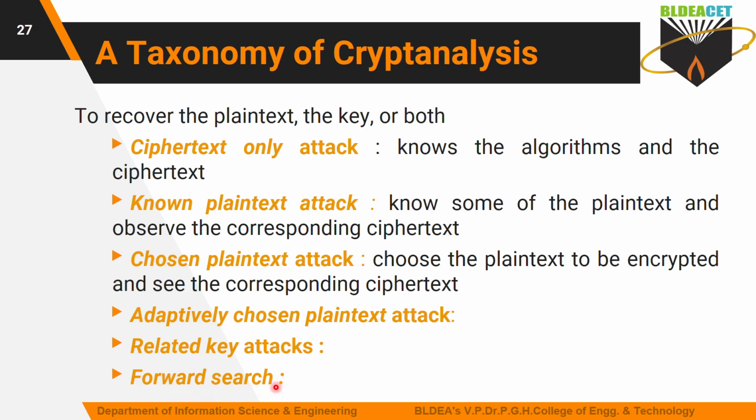Next is forward search. Forward search is also similar. For example, I know the plain text is S, and the attackers also know the ciphertext for it. Now, for the S, what is the next one? Forward search means that for the S, the next in sequence comes, which is N. So if they know the plain text S and its ciphertext, then for the next one, N, they will try to guess the ciphertext, using their own technique or guess.